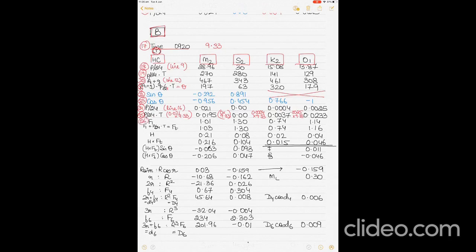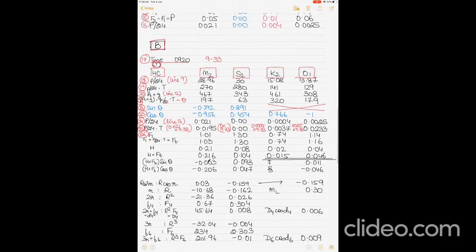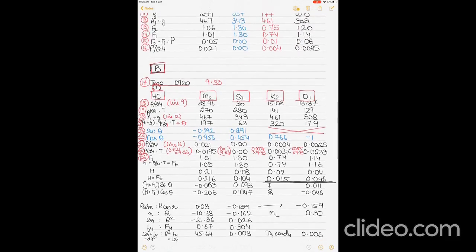Then line number 26 is F1. So F1, as you know, is from line 14. So I will write here line 14 from above. Just repeat the line 14 here. Number 27 is F1 plus P by 24 times T, which is equal to giving FT.